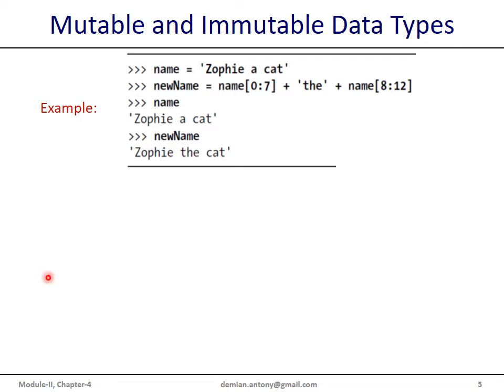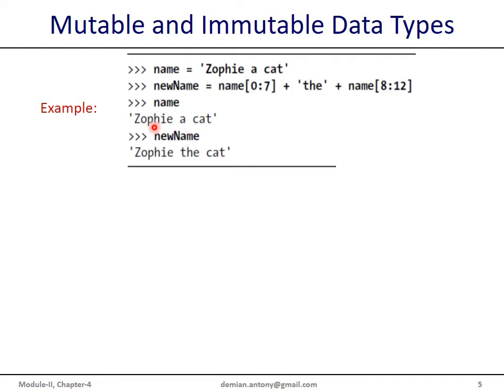Let us take up the example. Here we have a string with the name, and we are going to create a new string by obtaining the slice of our old string name, and we concatenate the additional string 2 for the different substring.